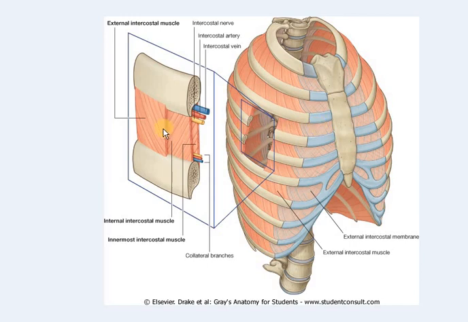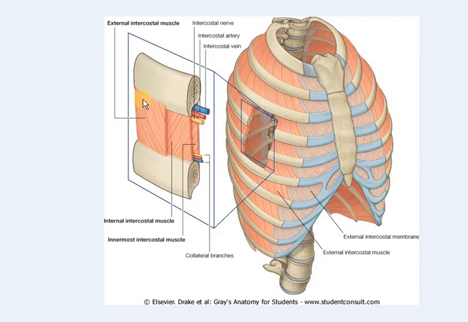Now the question arises how you will differentiate between the external intercostal muscle and the internal intercostal muscle. You can differentiate between these two muscles with the help of the direction of the fibers. The fibers of the external intercostal muscles run downward.